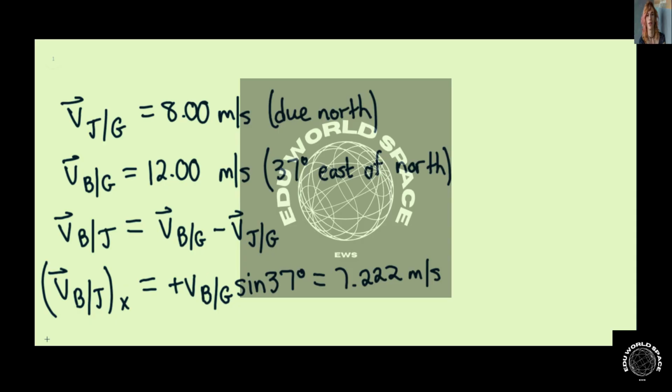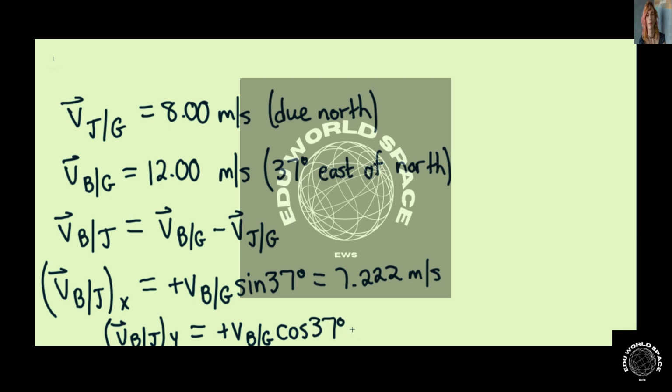And then we can say that the velocity of the ball relative to Juan in the y direction would be equal to the positive velocity of the ball relative to the ground multiplied by cosine of 37 degrees.